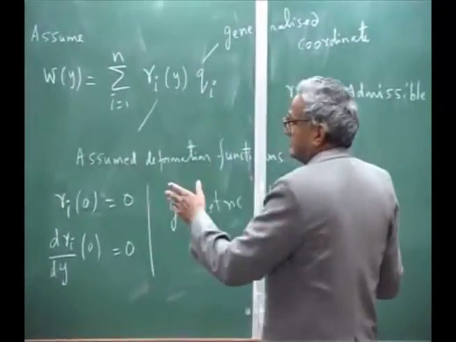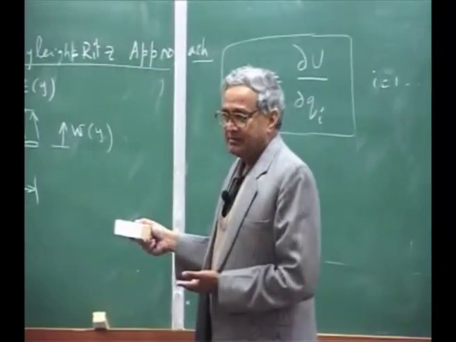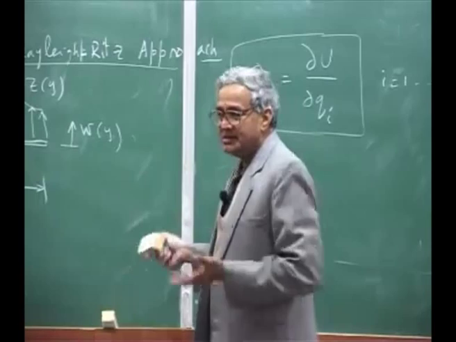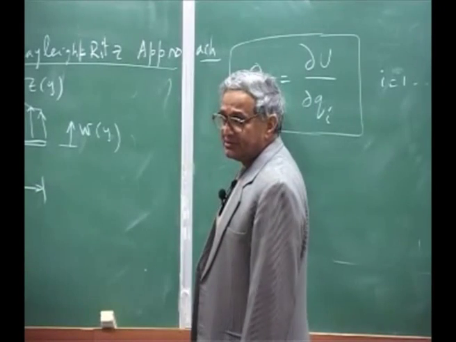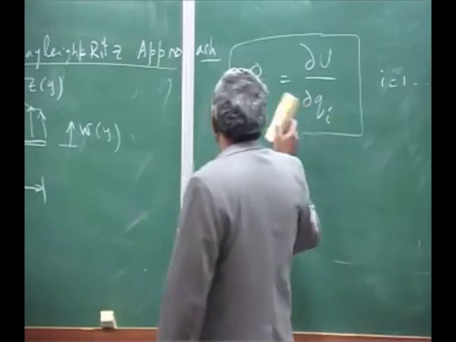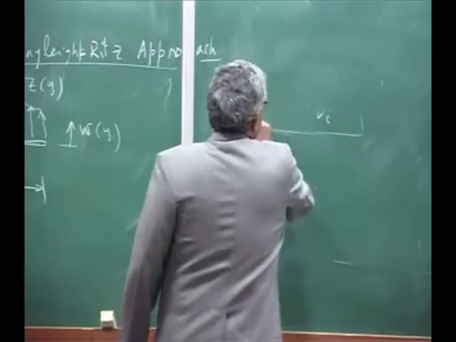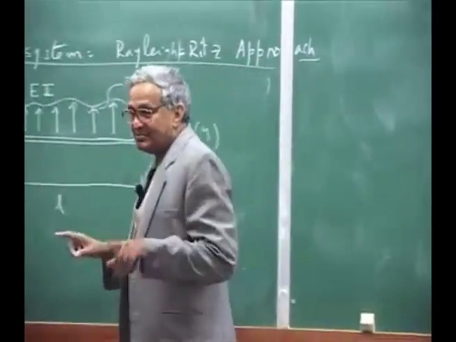So I erase this part and write down the external work, virtual work and the strain energy part, okay, and then apply this equation. You will get your solution, or you will get the complete set of algebraic equations.